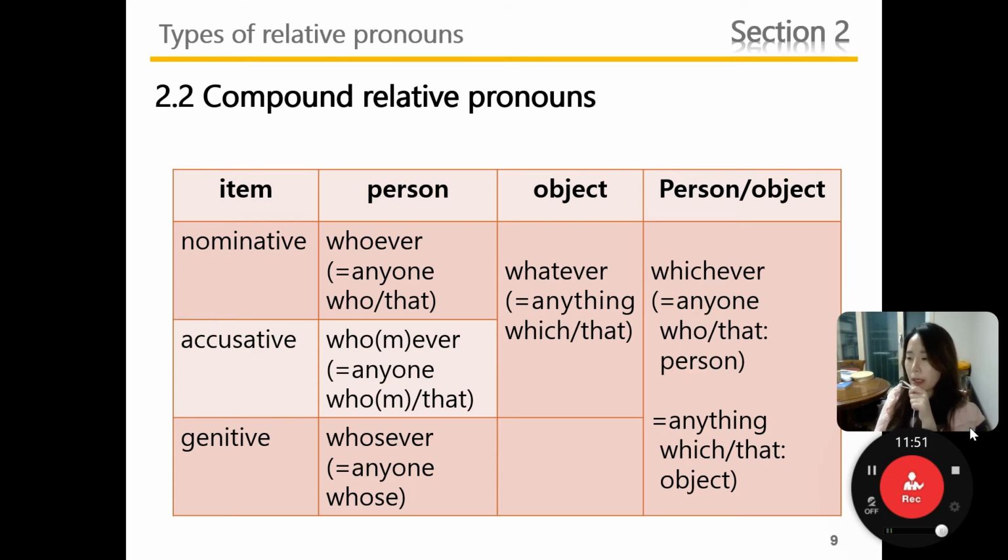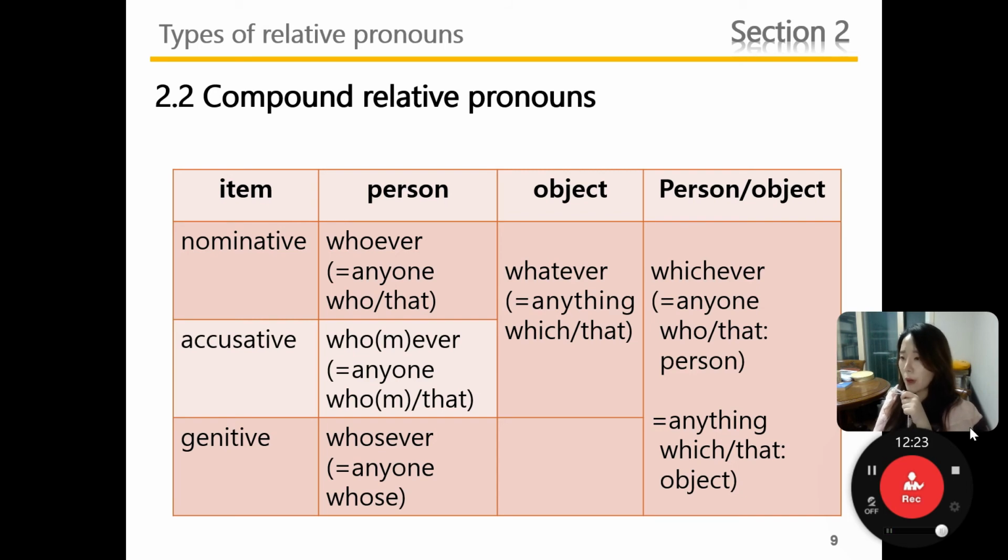The meaning of each compound relative pronoun is as follows. Whoever means anyone who, whichever means anything which, and whatever means anything that. Thus, they are classified according to the case of the word they modify, and they are relative pronouns that include anyone or anything as the antecedent.